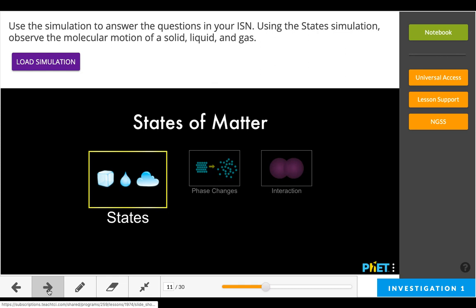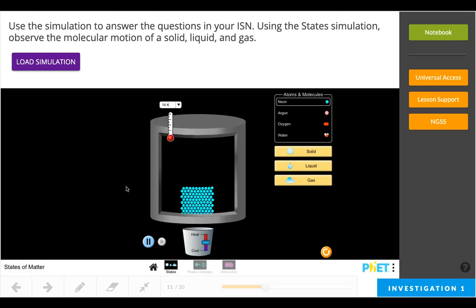The next step for this investigation is to use this simulation. It's linked in your investigation sheet, and there are some hints. Make sure, first of all, that you click that link to load the simulation. Then, of the 3 options here, choose states. And over on the right side here, make sure that you set your substance to water. You'll see the little water molecules here vibrating around.